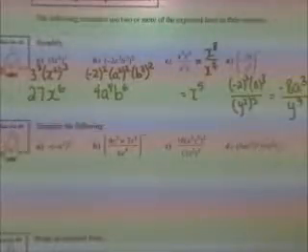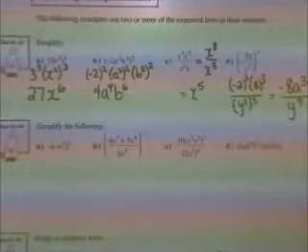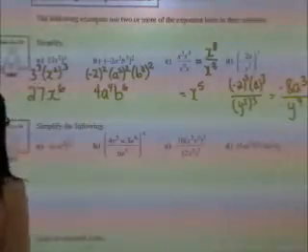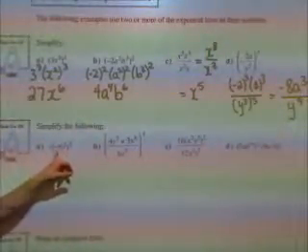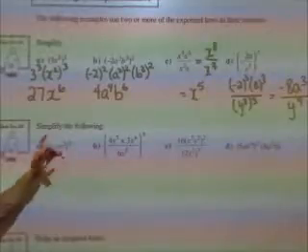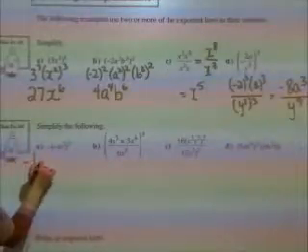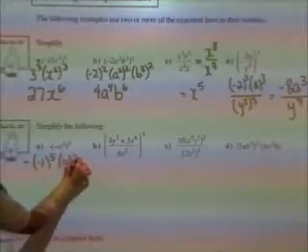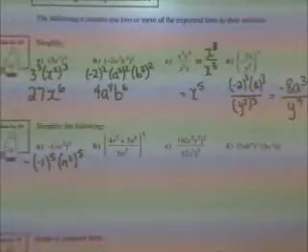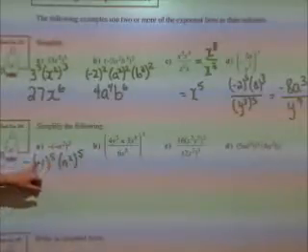Okay. Question 4. Remember what I said? If there is no coefficient, what coefficient would I have there? 1. So this would be a negative 1 to the power of 5 and an n squared to the power of 5. What is negative 1 to the power of 5?